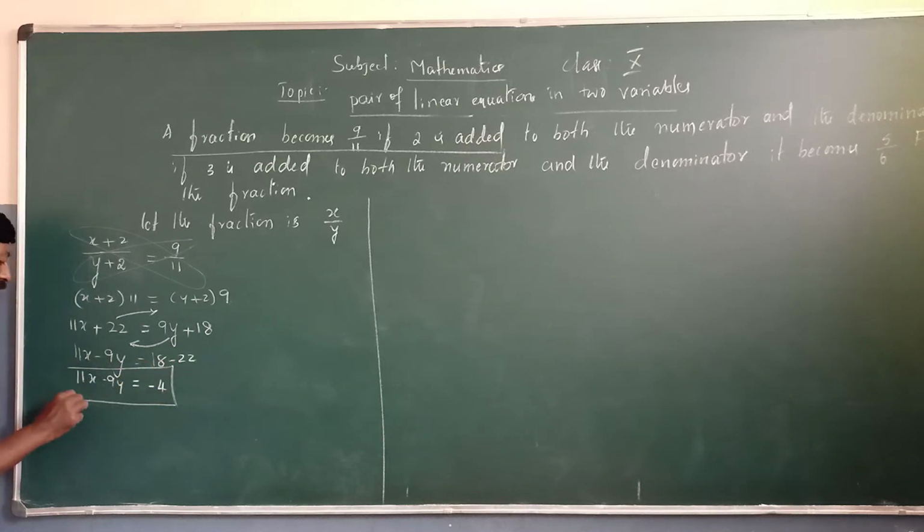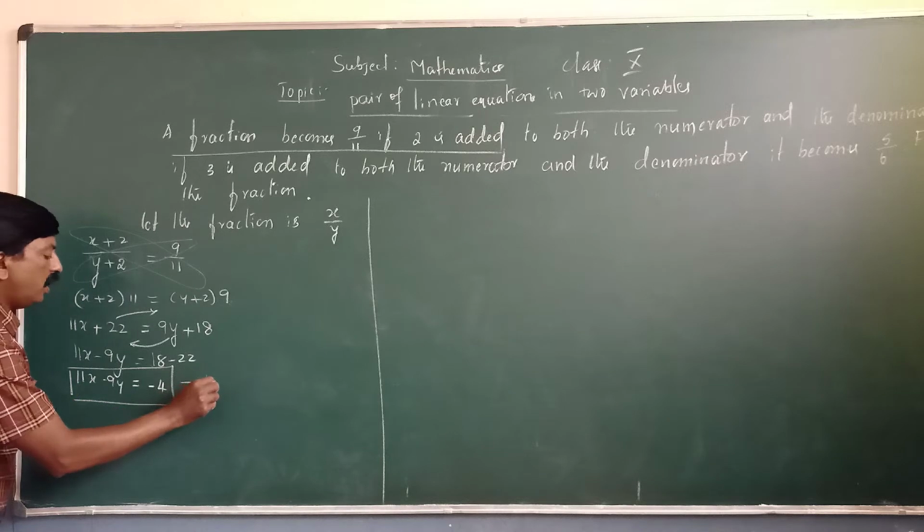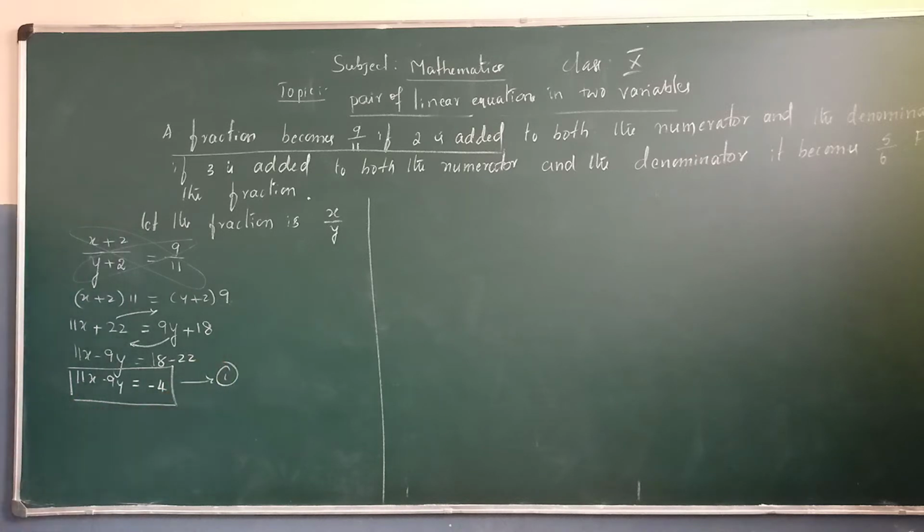So therefore we got the first equation: 11x minus 9y is equal to minus 4. We got one linear equation with two variables.